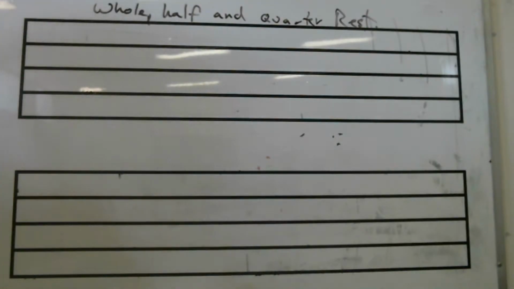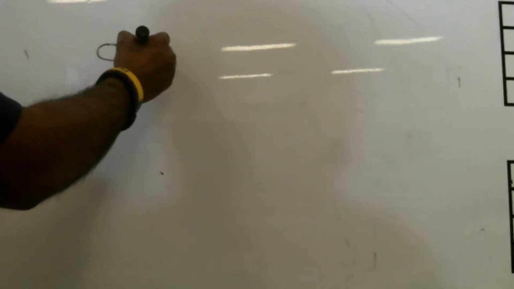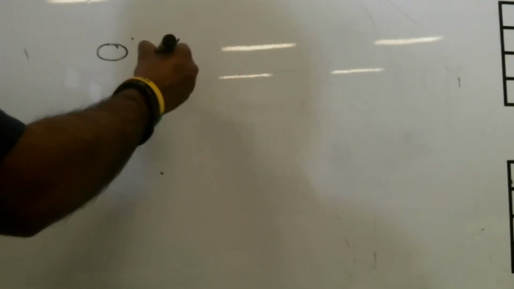So we know that, actually I'm just going to go off the staff. We know that this is a whole note or a semibreve, which equals 4 beats.